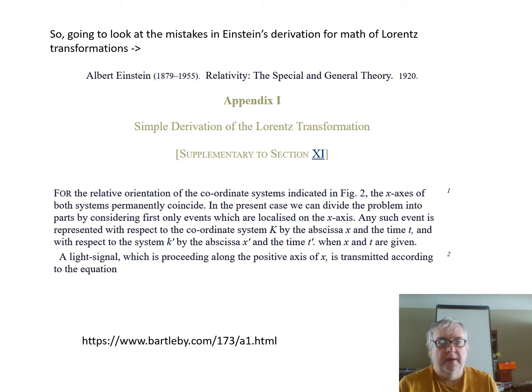So I'm going to look at the mistakes in Einstein's derivation for the maths of Lorentz transformations, and this is the relevant paper, which is in an appendix to his book, called Simple Derivation of the Lorentz Transformation.